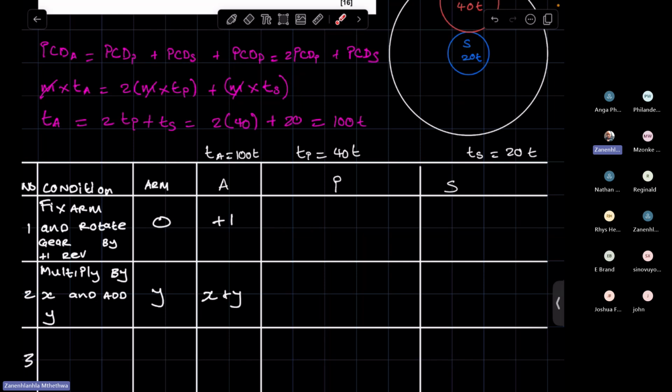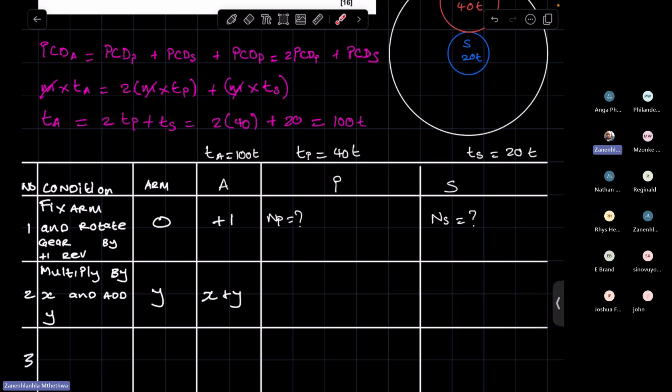By rotational frequency, I mean what you're trying to get here is NP. What is the rotational frequency and direction thereof of P, as well as the rotational frequency as well as direction of S. So this is what you're trying to determine.